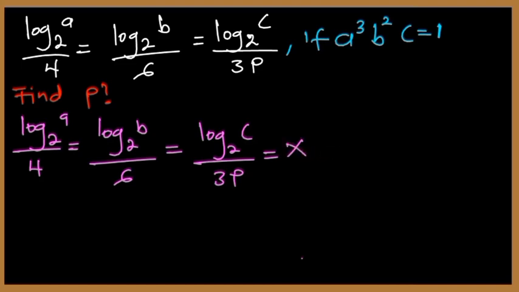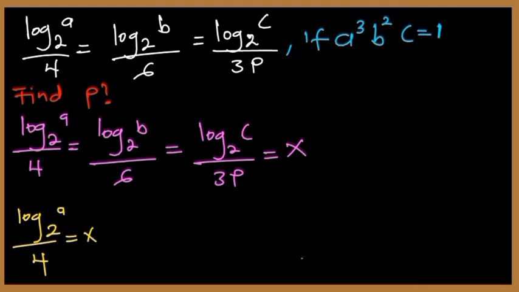So by doing this, it means that this one equals x. So let's take this one. So log 2 to the power a all divided by 4 equals x.